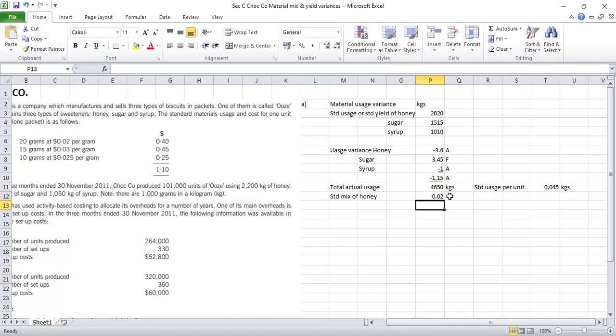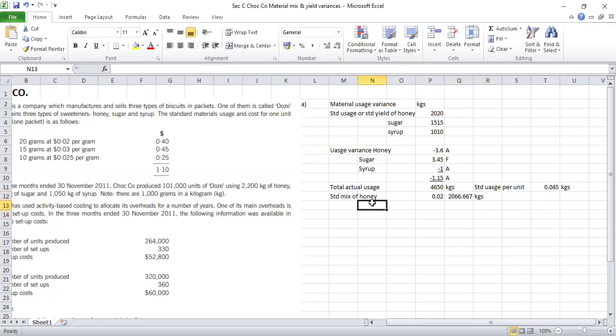It is standard mix, standard kgs. Now, this standard kgs divided by total standard usage per unit and multiplied by total actual kgs, 4650. So 2066 kgs are the standard mix of honey.